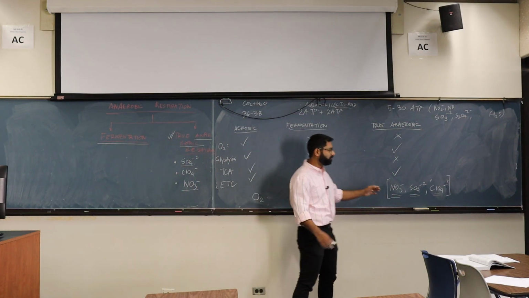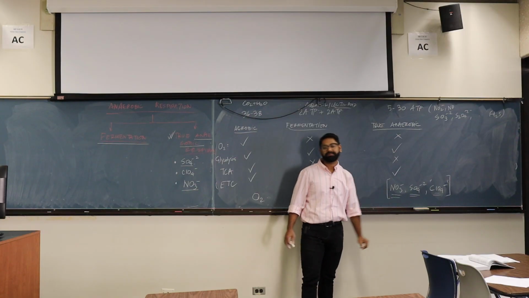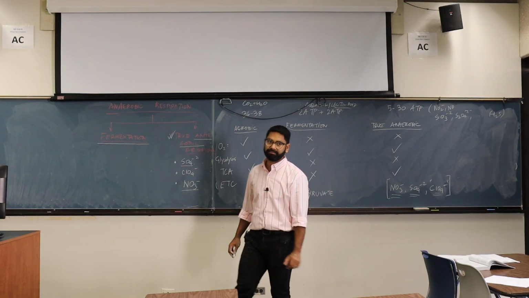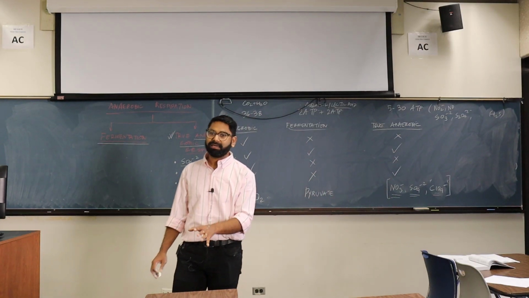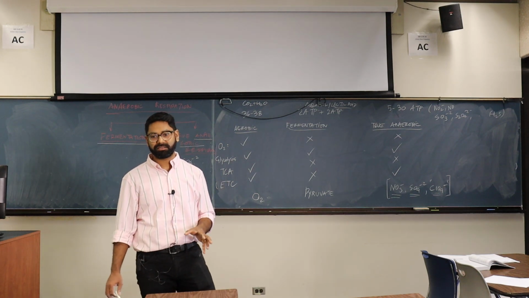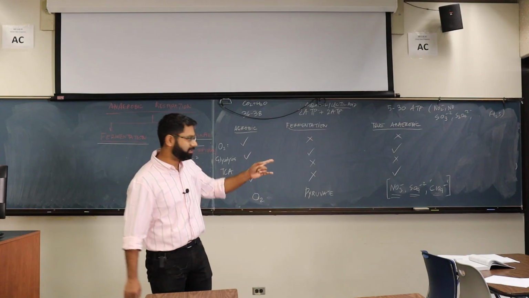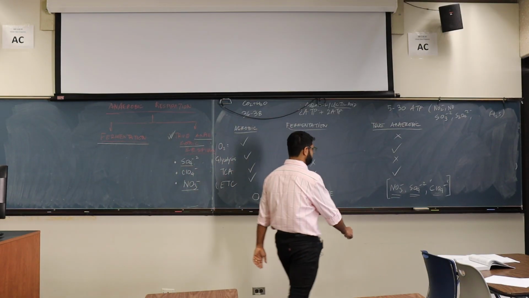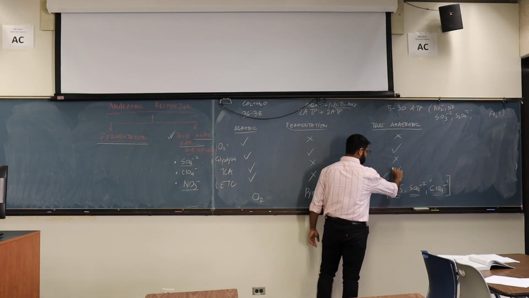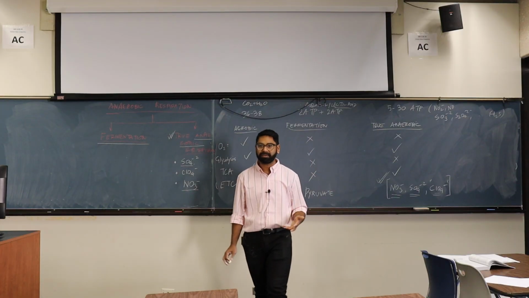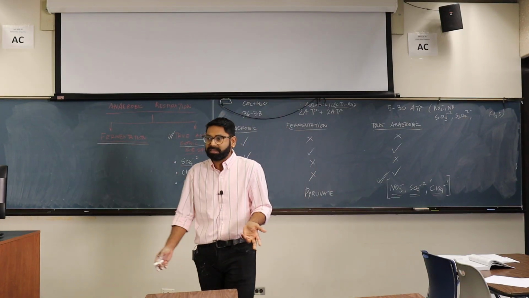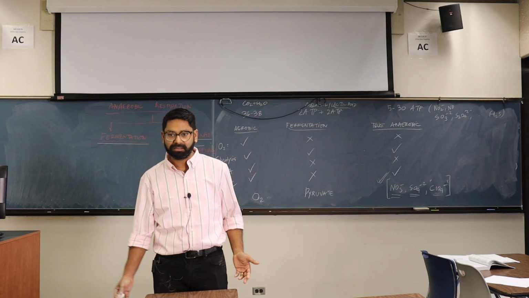This was happening before we had oxygen in our atmosphere. So when Earth did not have an oxygenated atmosphere, there were still organisms living, right? This is what they were using as the electron acceptors. In absence of oxygen, what can you do? You don't have the oxygen.